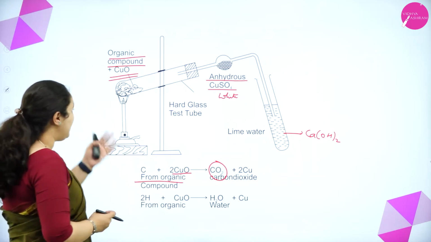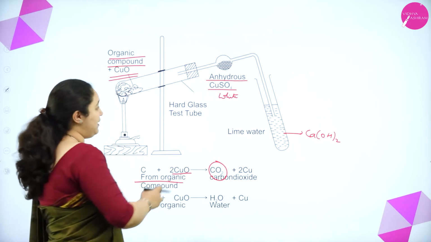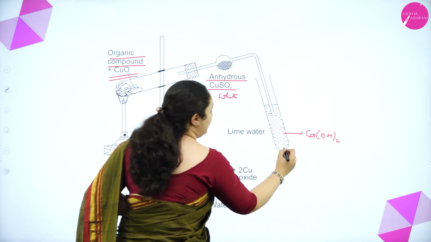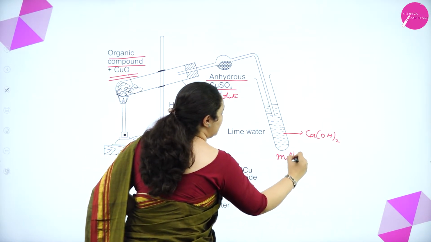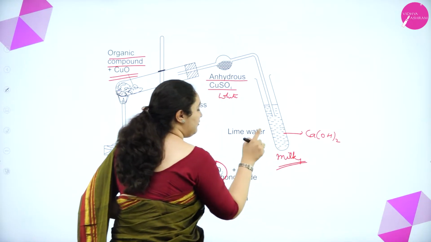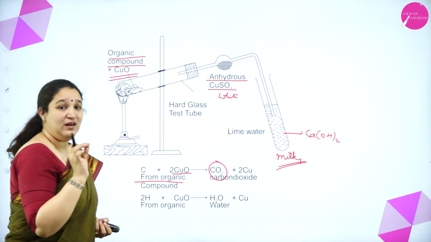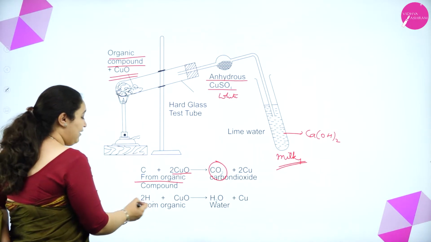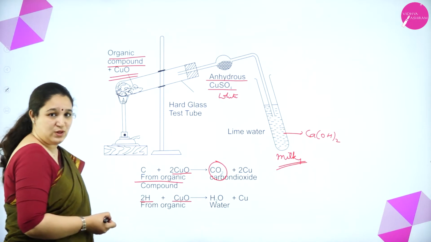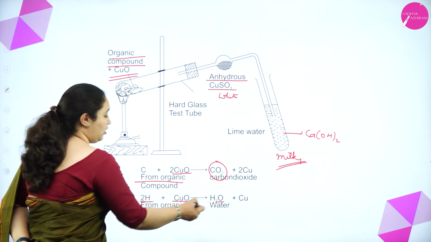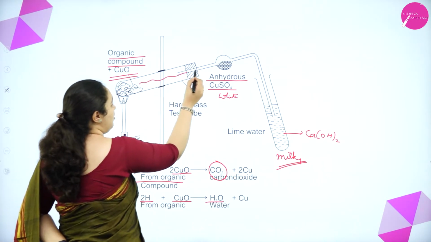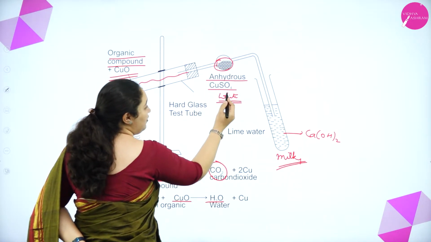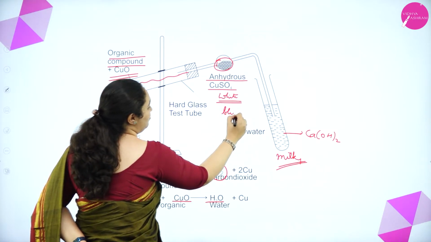Now what happens when I am heating, when carbon dioxide is passed, it just passes through, comes to lime water, and lime water will turn milky. So if lime water is turning milky, carbon dioxide is produced. Similarly, if hydrogen is present, it reacts with copper oxide to form water. Now water, whatever is formed, comes and it turns the anhydrous copper sulfate, which is white color, to blue color.